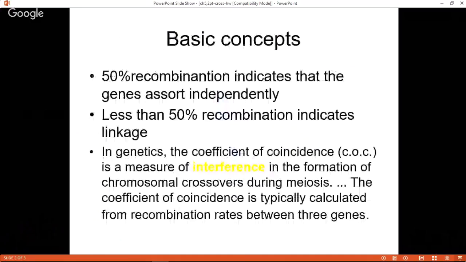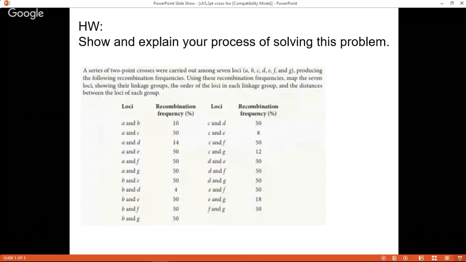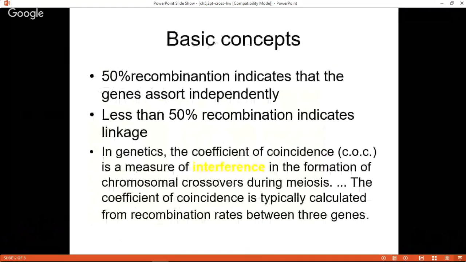The reason being is because it had a 50% recombination frequency to all the other loci. So C and F were 50, D and F were 50, E and F were 50, F and G were 50, A and F were 50. So if it was 50, that means it could not be in the same linkage group, and that resulted in F being by itself.